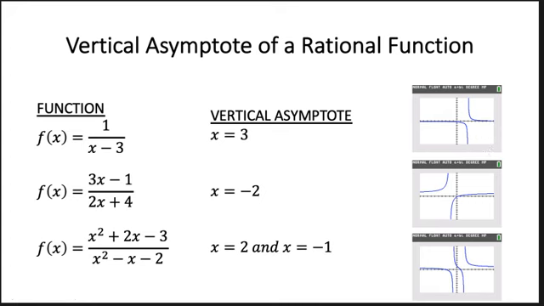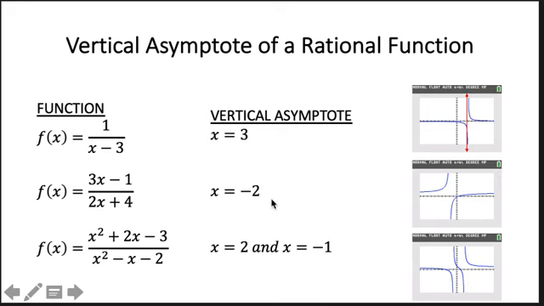Now the vertical asymptote is a line that the graph is getting closer and closer to, but never touching. So for example, that line for the first function is x equals 3. So here's that line. You'll see these values are going to get really, really close to 3, but never touch 3. Same thing on the other side.